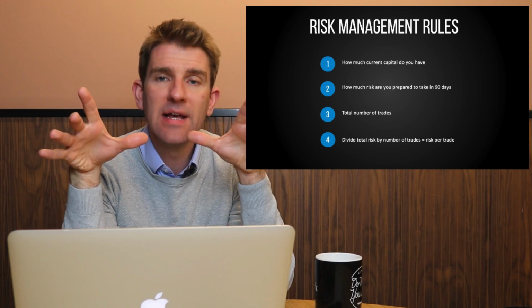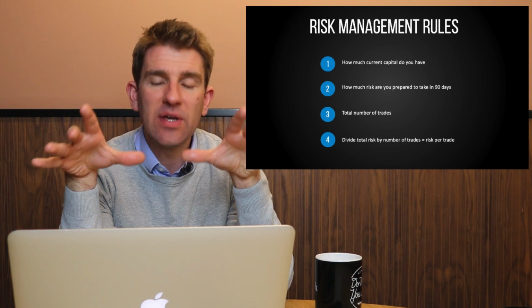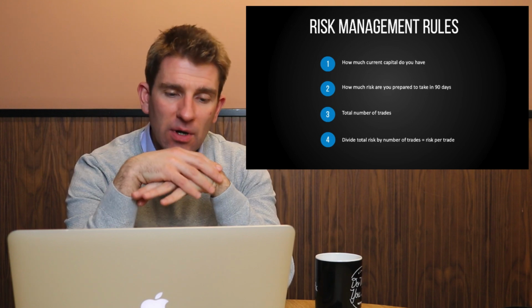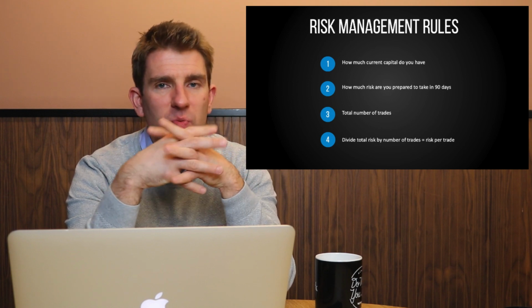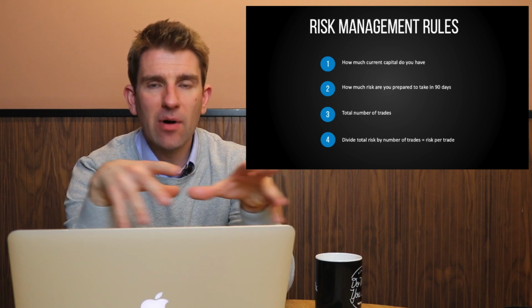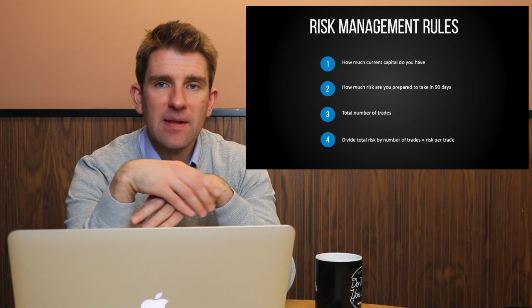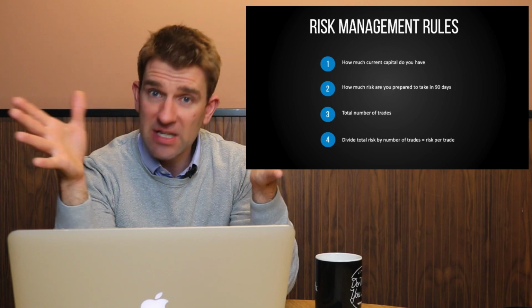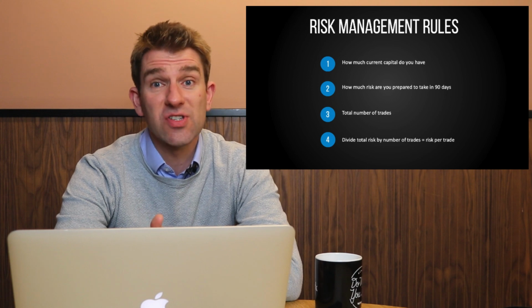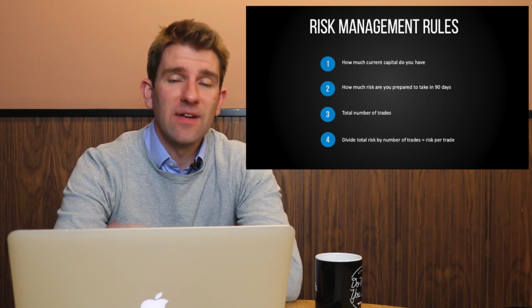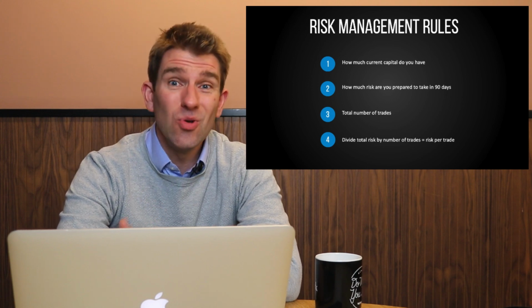Okay, so we need to look at four things, and we'll look at an example in a second. The first one is how much capital we currently have. We're ultimately working out how much we're going to risk per trade and what type of strategy we can trade. I've made this mistake myself, and a lot of these things are based on my own mistakes, so that you guys hopefully don't have to make the same mistakes, or if you do, you catch them early.